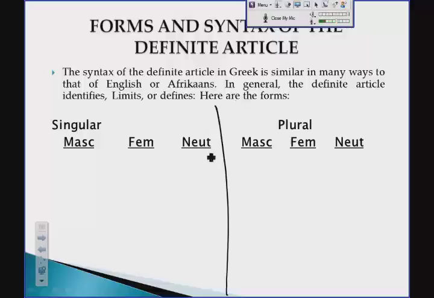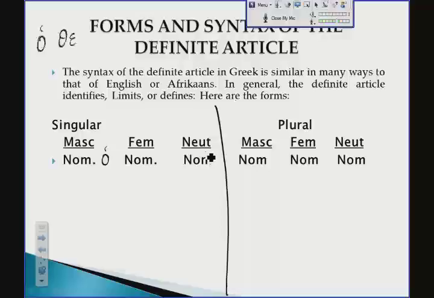Sorry, I'm holding this. I must just come back. And you have all of them, the nominatives. Say, for instance, in the nominative, you have that ho. Okay? If you want to have your ho theos, most of the time in Greek, the definite article will appear with proper nouns, but you don't have to translate that.